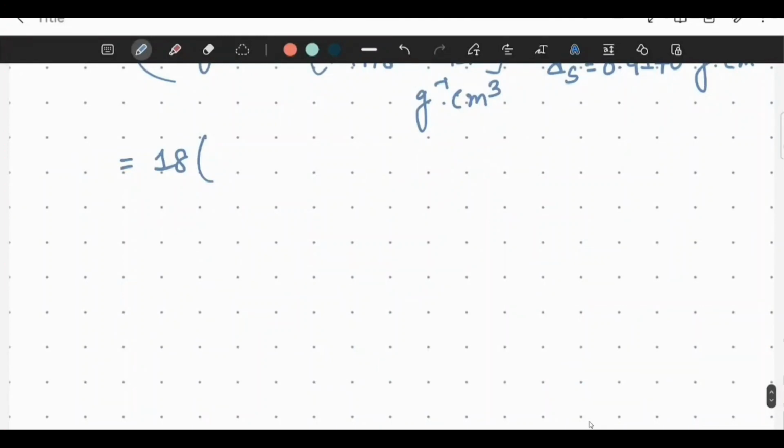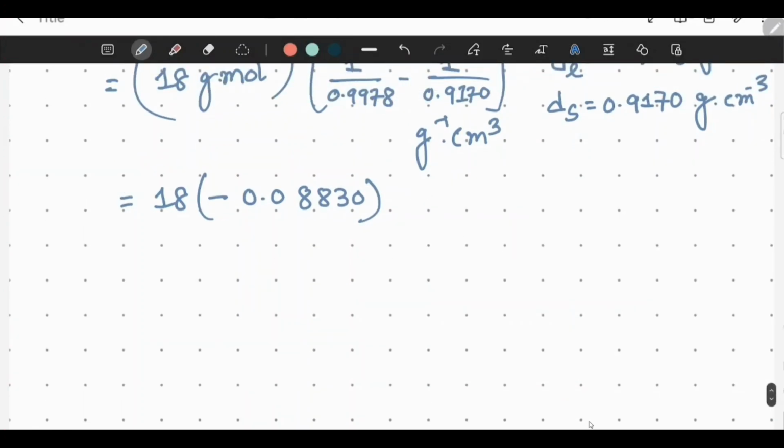Okay, so it is minus 0.08830 centimeter cube mole inverse.